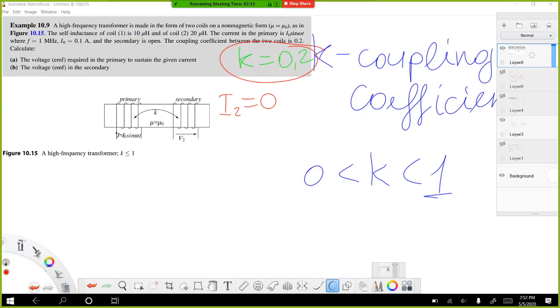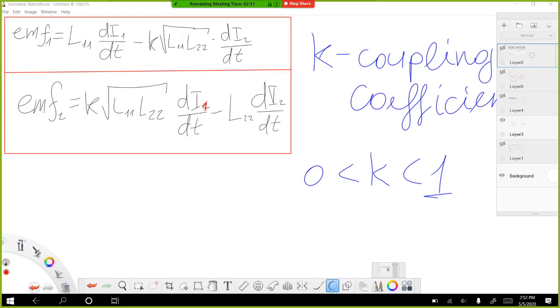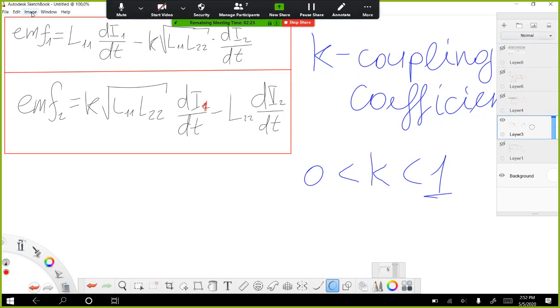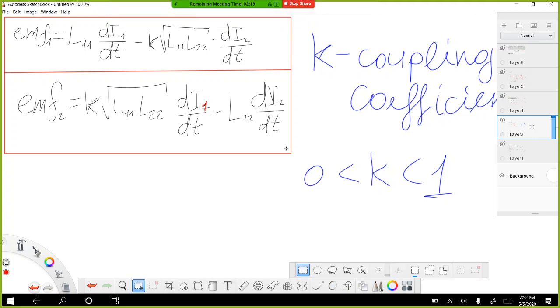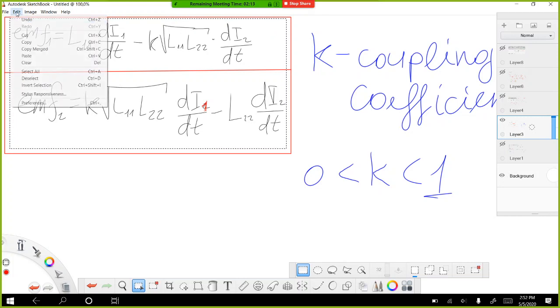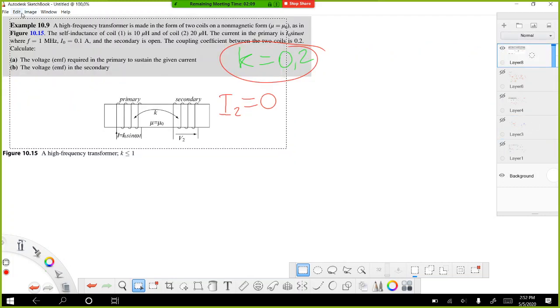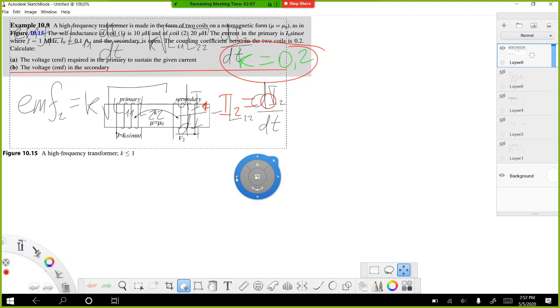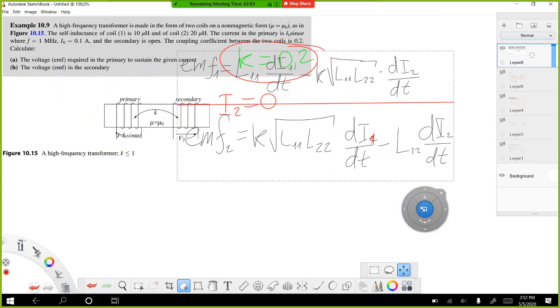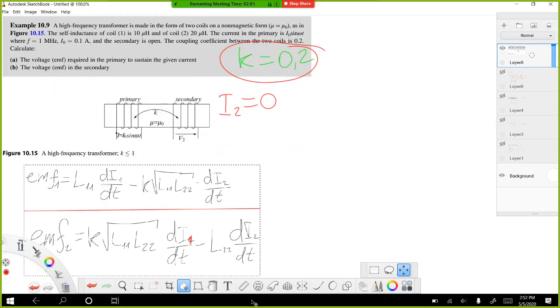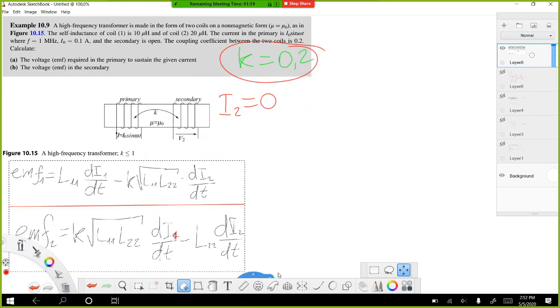Okay, let's switch to this. Electromotive force 1 is equal to L. We have 2 more minutes. Okay, let me copy this, and I put it here, paste, I'll move it here.